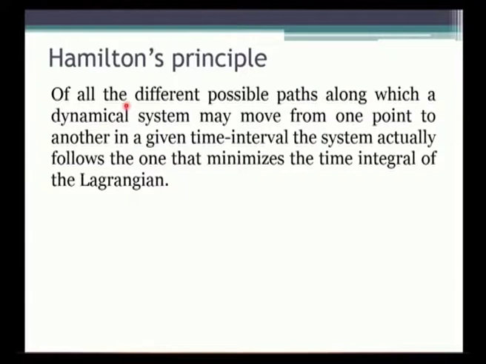So, of all the possible paths along which a dynamical system may move from one point to another in a given time interval, the system actually follows the one that minimizes the time integral of the Lagrangian. This is how the Hamilton's principle is defined.